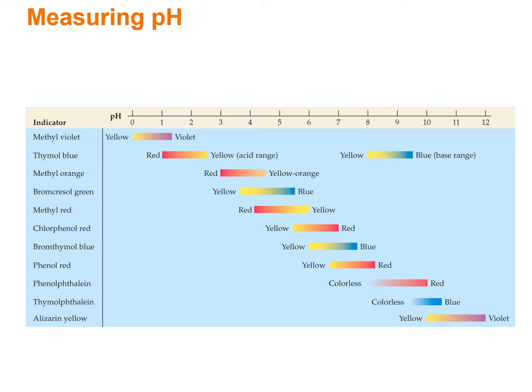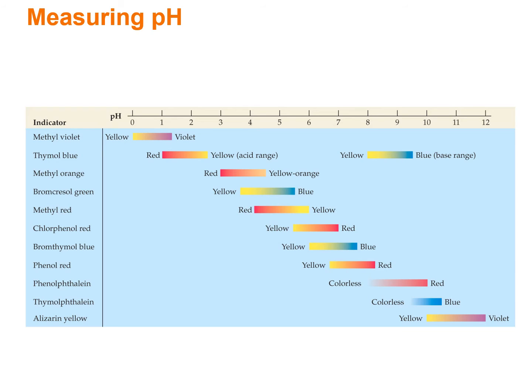So this is a table that has several different indicators that we commonly use, and you can see that certain indicators are just going to be preferential to, say, low pHs. Like we look at that methyl violet, those are going to be good for when you want to determine a pH change that happens from around a pH of 1.